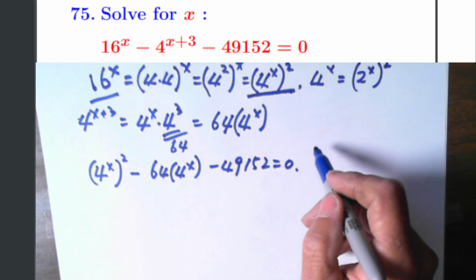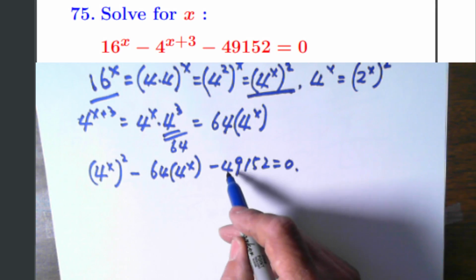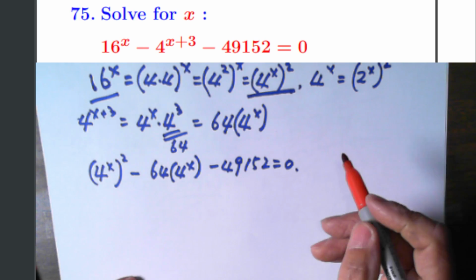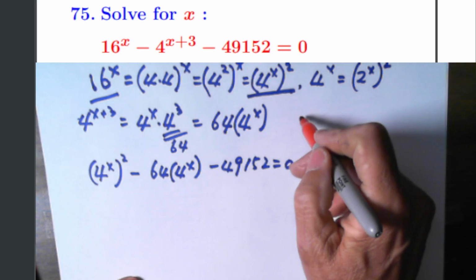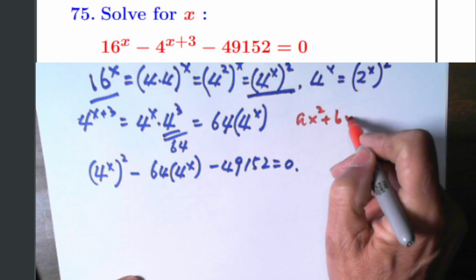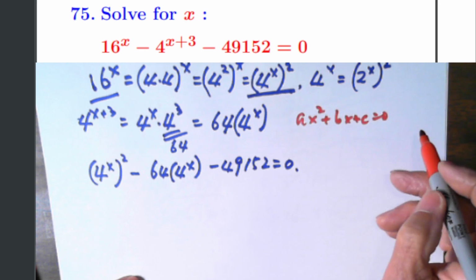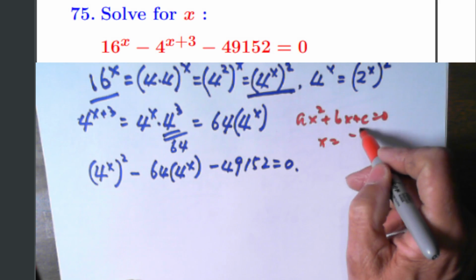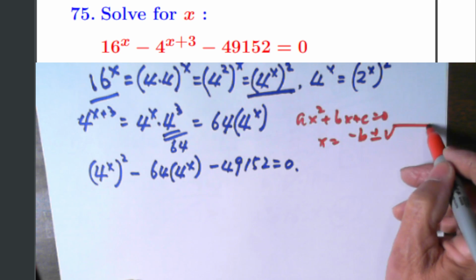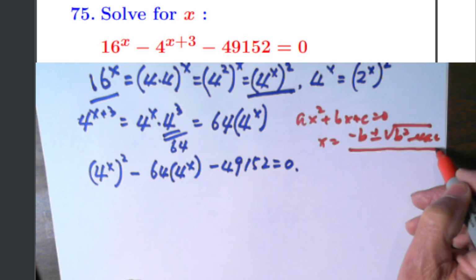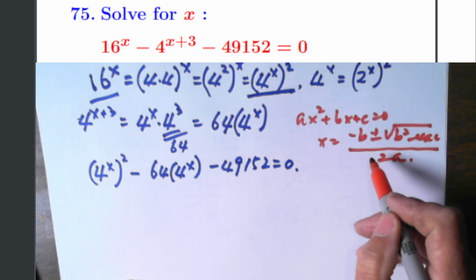So in this case you can use the quadratic formula, which is, for a given ax squared plus bx plus c equal to 0, x equals minus b plus or minus the square root of b squared minus 4ac, over 2a.